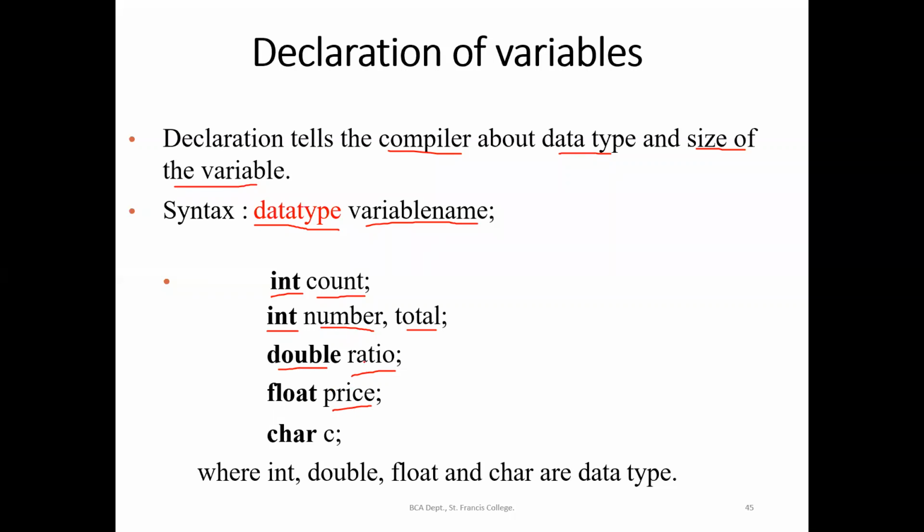Price and ratio both have decimal values, so we declare it as float, and if I need more precision, I will go for double. We studied all those, and now I am declaring c as a character. Declaration of the variable will give the compiler an idea of what the data type is and what the size of the variable is.